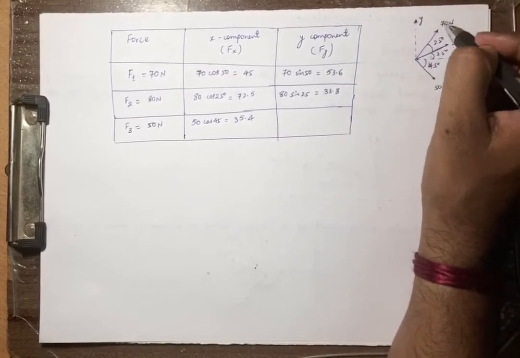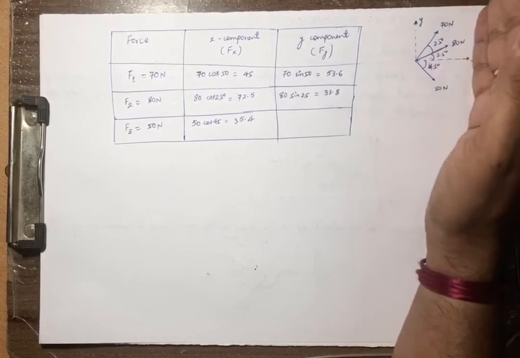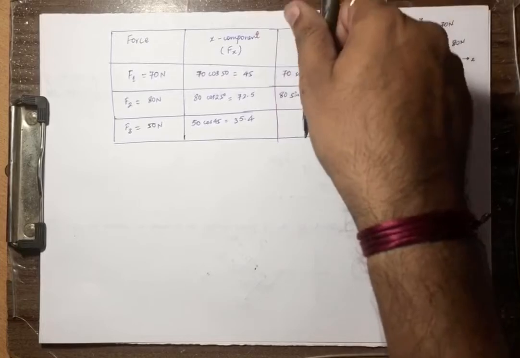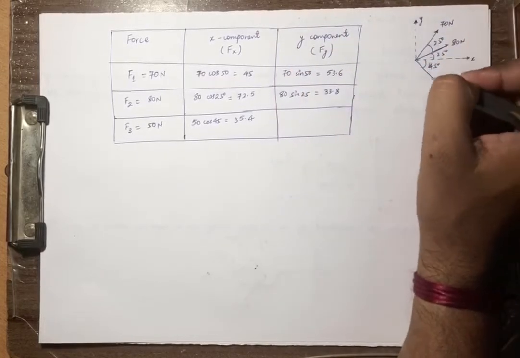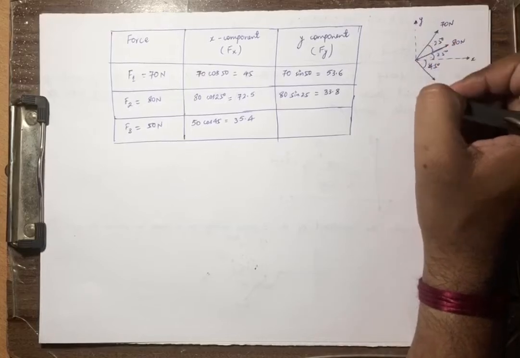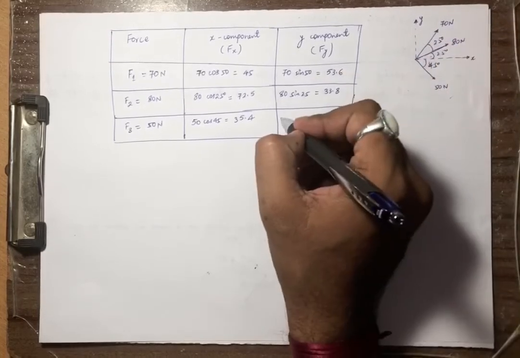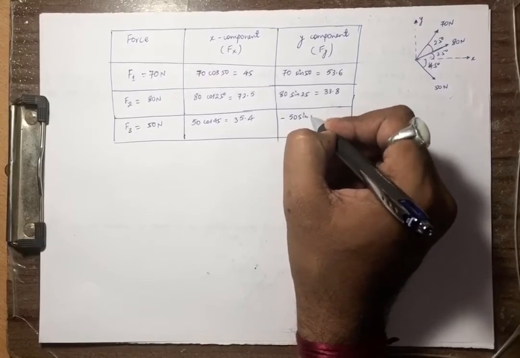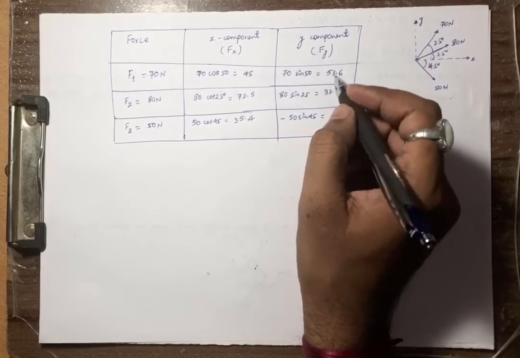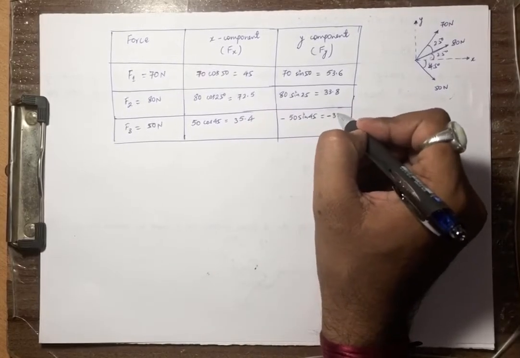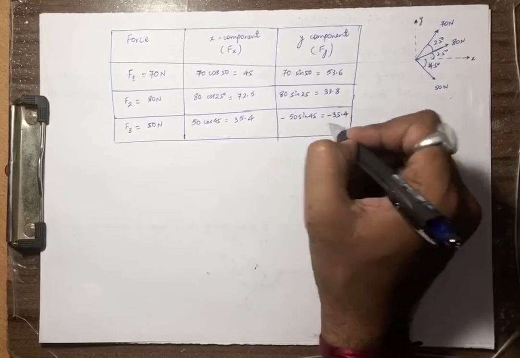For 70 Newton and 80 Newton it is in positive y direction. This is positive y, this is negative y. So for this 50 Newton, this component is towards negative y. So this will be 50 sin 45. Cos 45 and sin 45 have the same value, but with a negative sign.